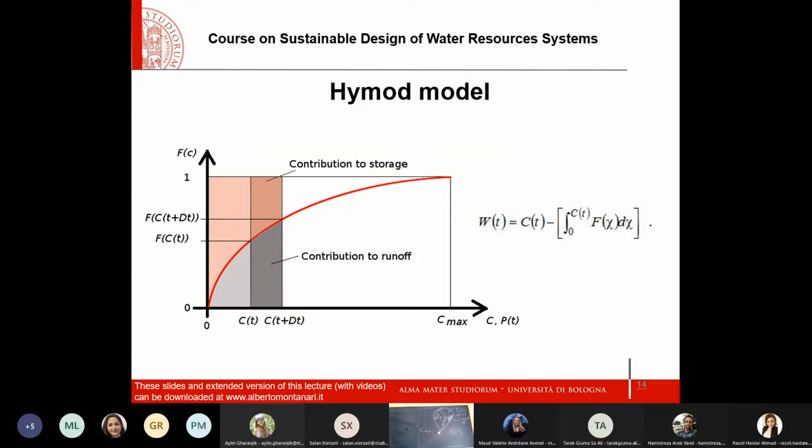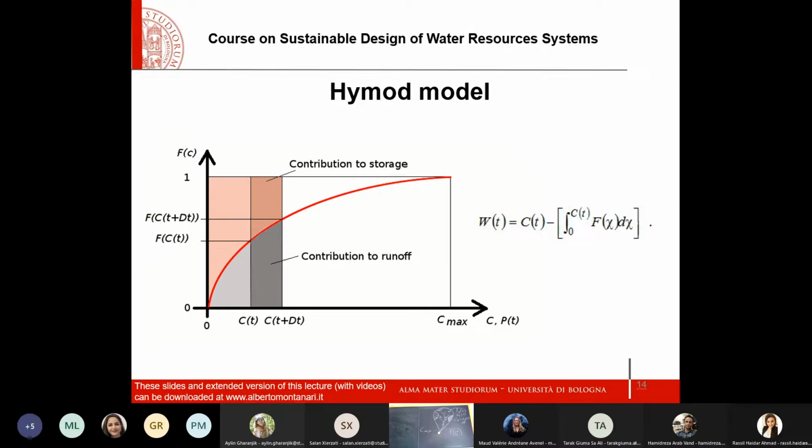Of F. Now I call it psi because it's the variable of integration: F(psi) d psi. So I am integrating the relationship that you saw on the screen before between 0 and C(t) to get this integral, which is precisely runoff.